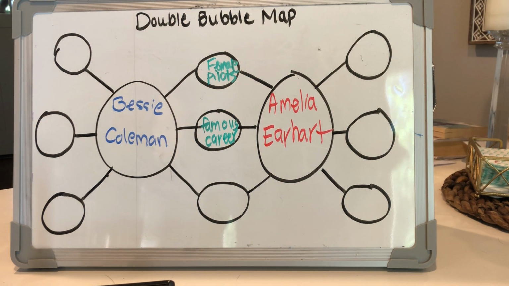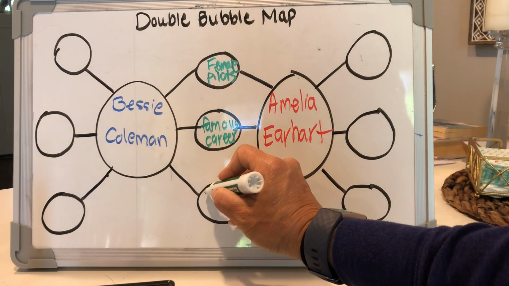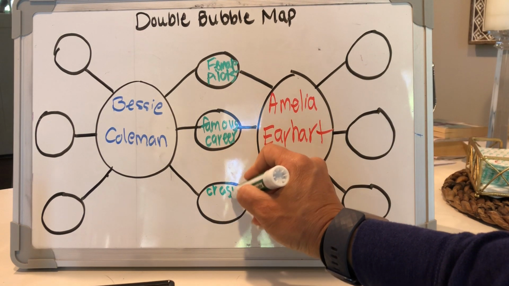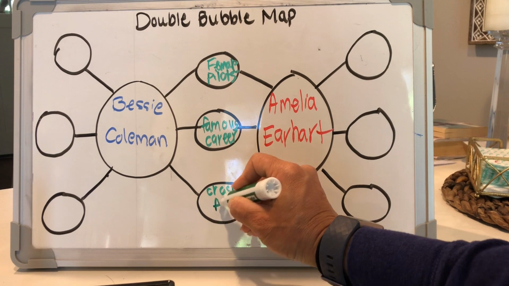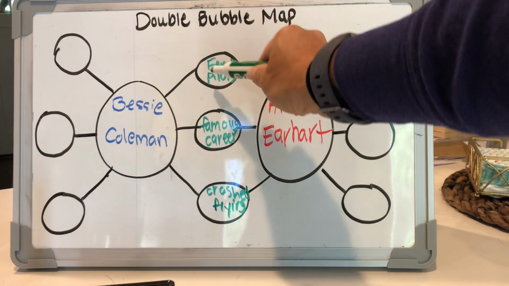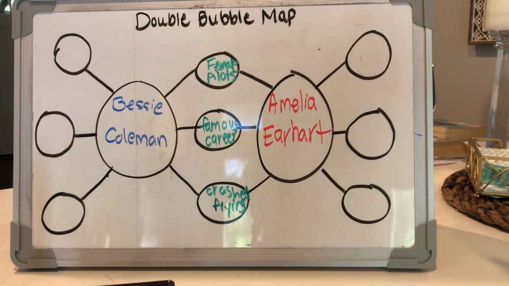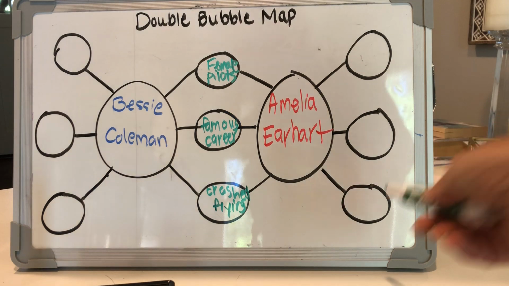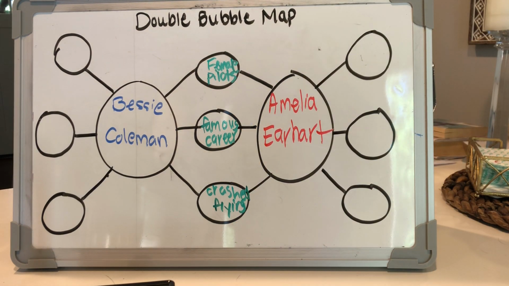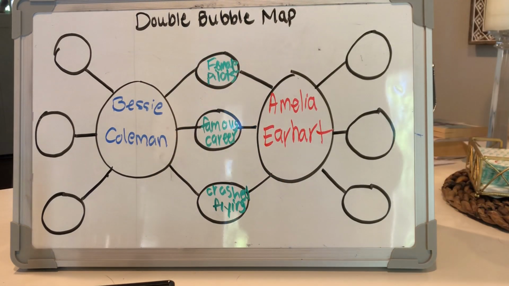And then unfortunately, they both crashed flying. So we've got they were both female pilots. They were famous because of their career, and they both unfortunately crashed flying. As you can see, the lines link both of these together. So these are our comparisons, what they have in common.